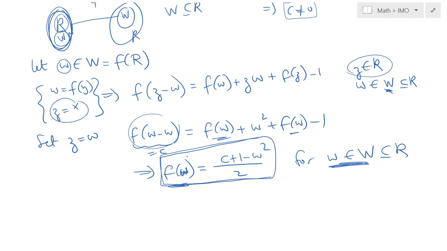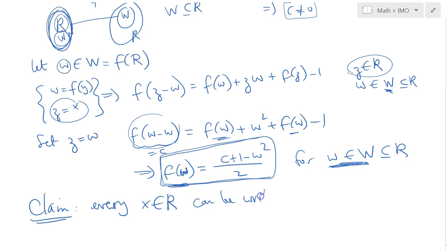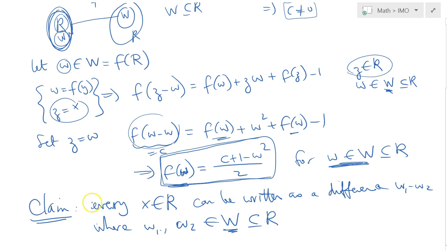Now the trick is that I claim, and I need to prove this claim obviously, that every real number x in R can be written as a difference of two numbers from W, let's write it like this: w1 minus w2, where w1 and w2 are in W. Recall W is the range of our function.